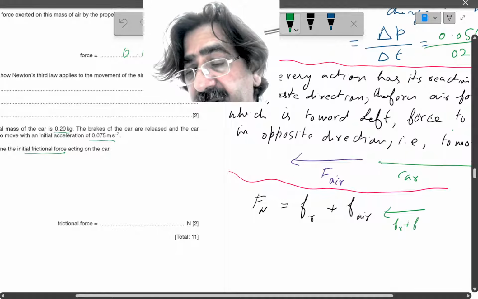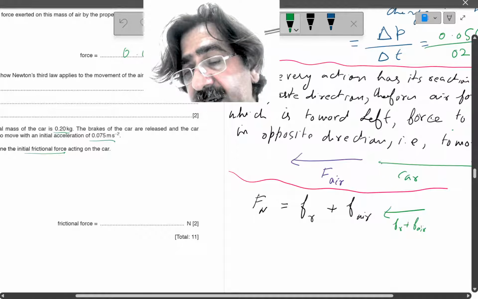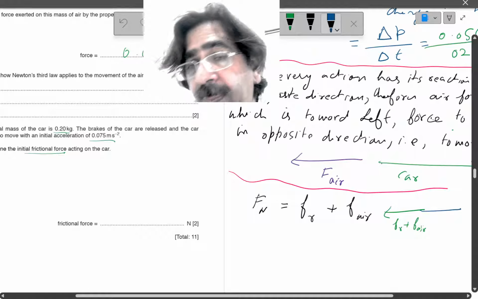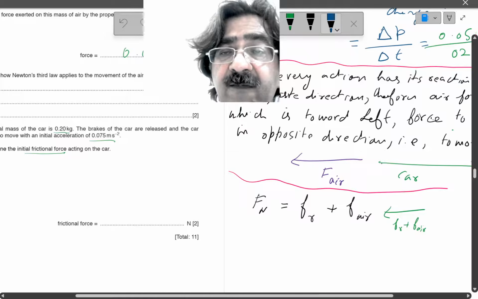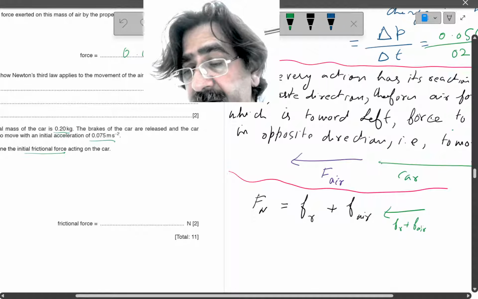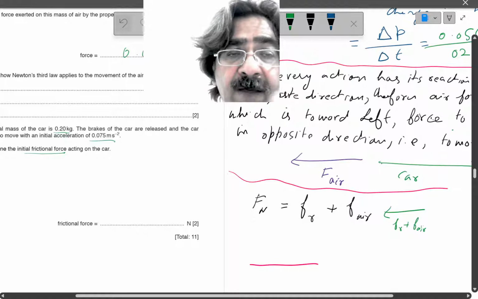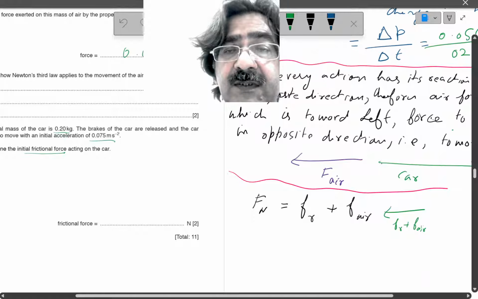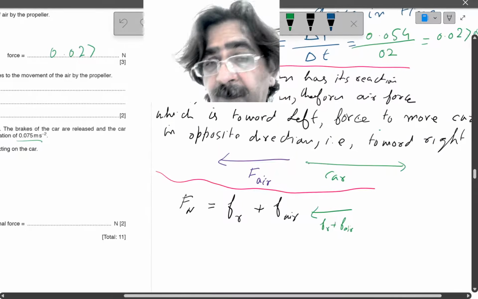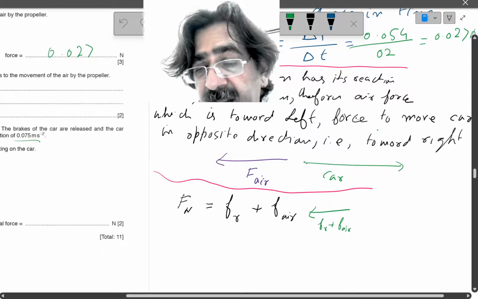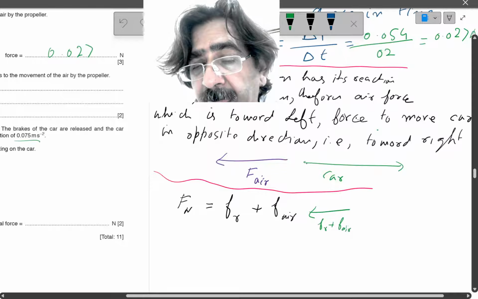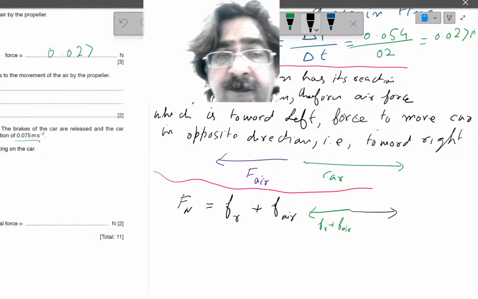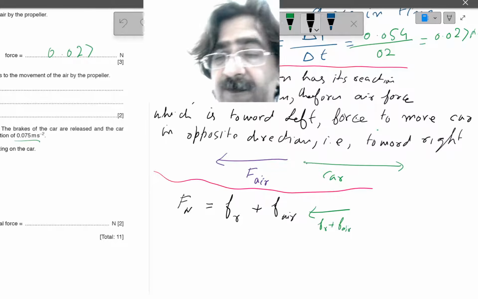F_r and F_air will be toward the left side because friction will be... Color is not good.